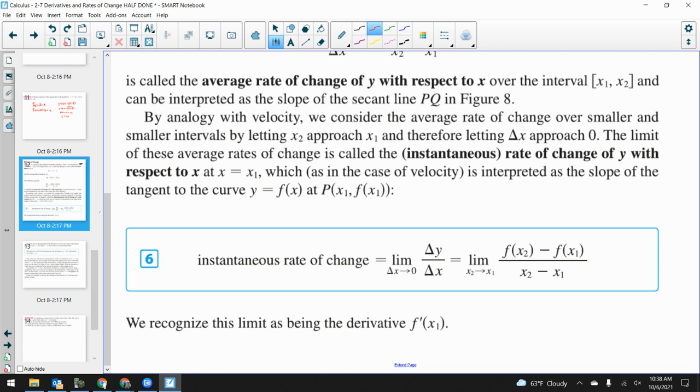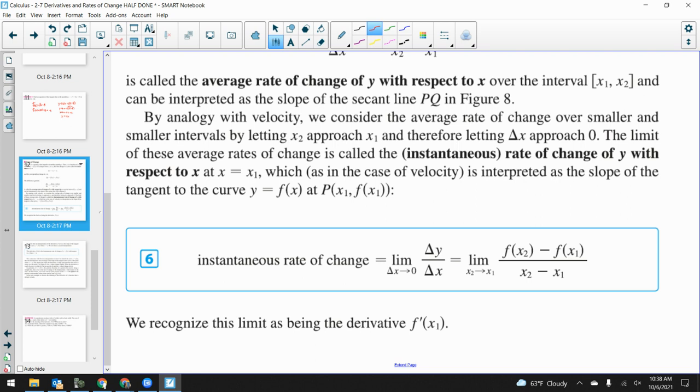If I want my differential on x to be 0, meaning my values are so close that we call it instantaneous, that's really just finding the limit as I make my x2 my x1. But again, this is not anything new. This is still just finding the derivative, still finding the limit as I make my two x values closer and closer together.